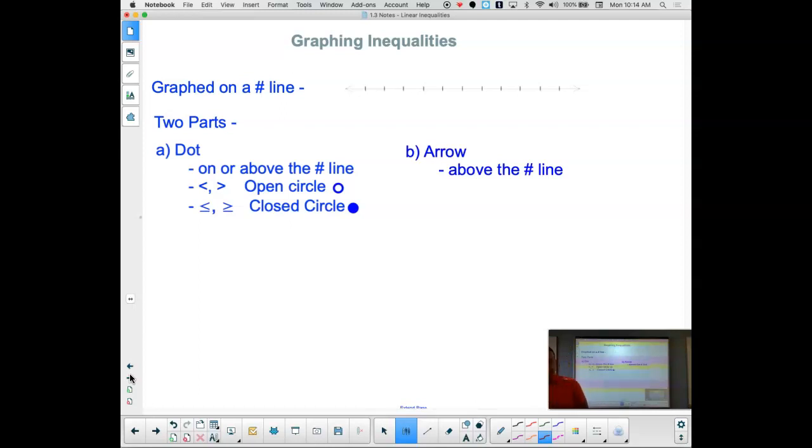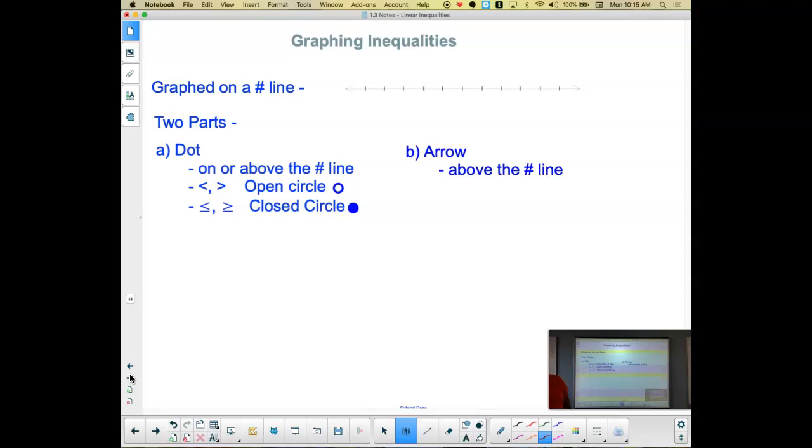The first part is going to be a dot, and that dot is either going to be open, if it's just the less than or greater than symbol, or we're going to close that dot, fill it in, if you will, if we have the or equal to component to go along with that. Okay? So we've got open or closed dots, and those will normally be either on or above that particular number that you're dealing with on the number line.